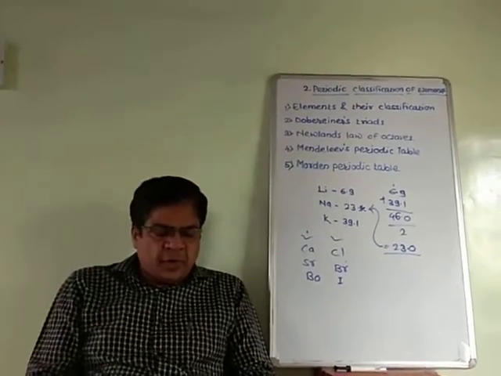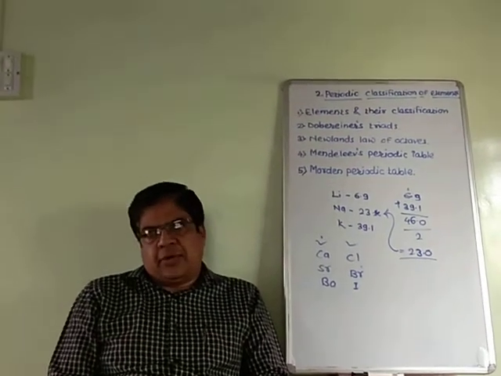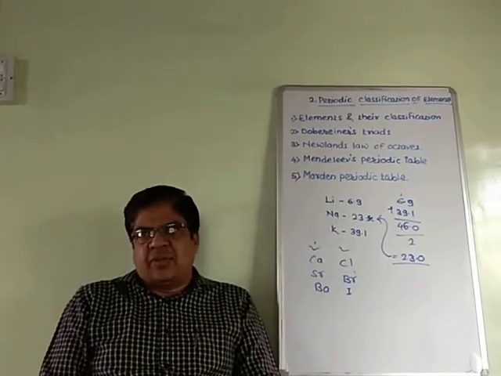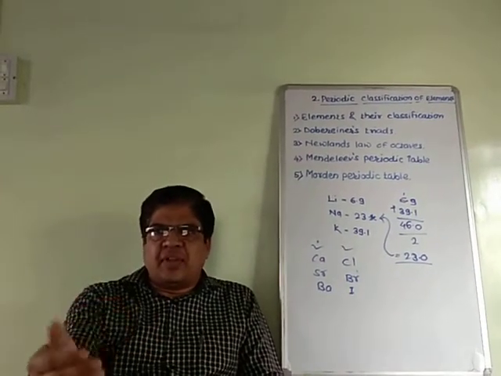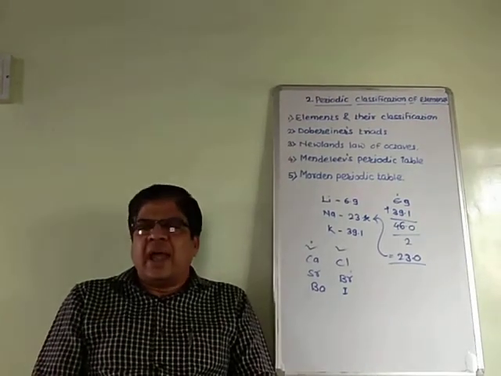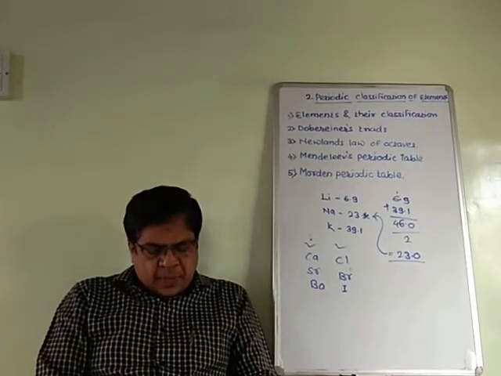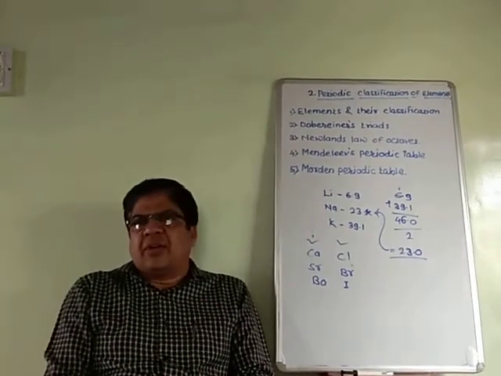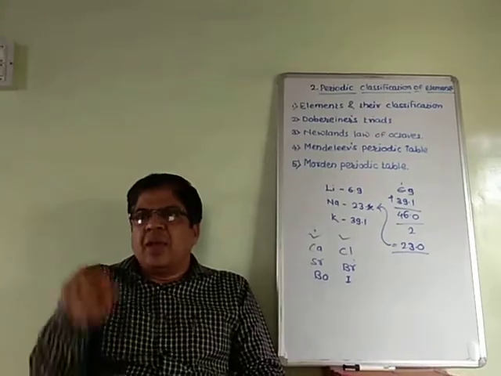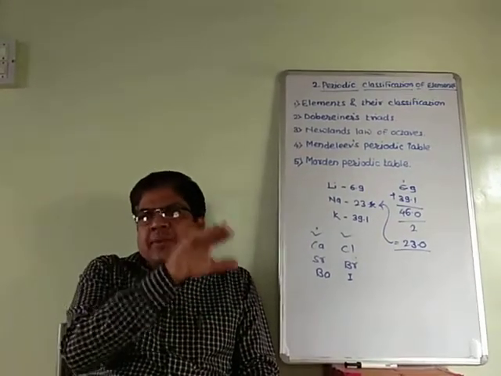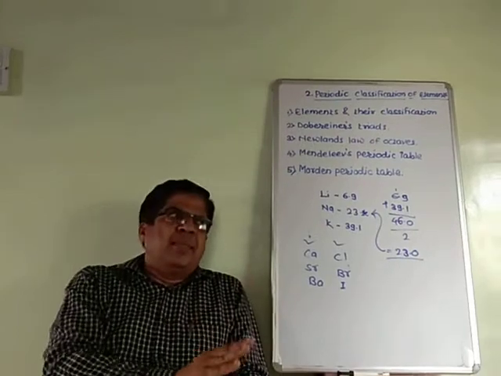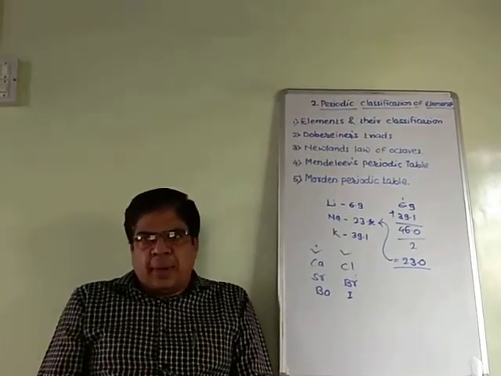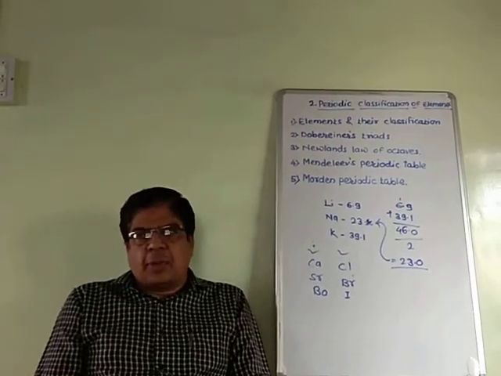The new point is metallic and non-metallic characters. We also saw metallic and non-metallic characters in previous standards, that means in 7th, 8th and 9th standards. But now in 10th standard, we observe how metallic elements are presented on one side of the periodic table, while non-metallic elements are presented on the other side.